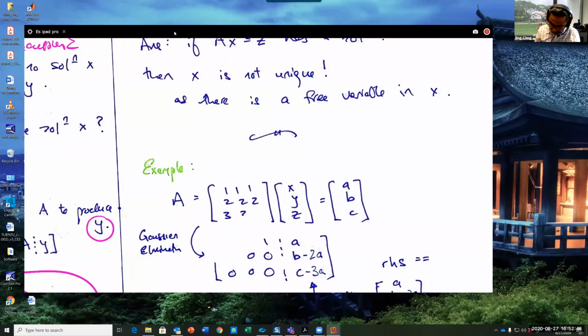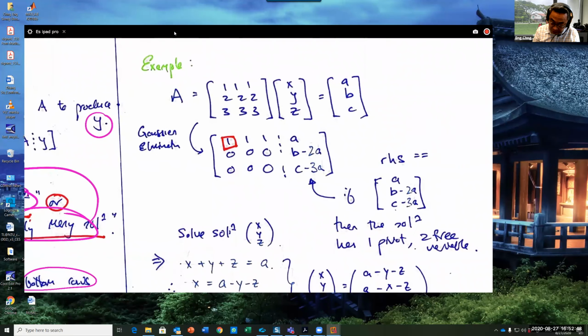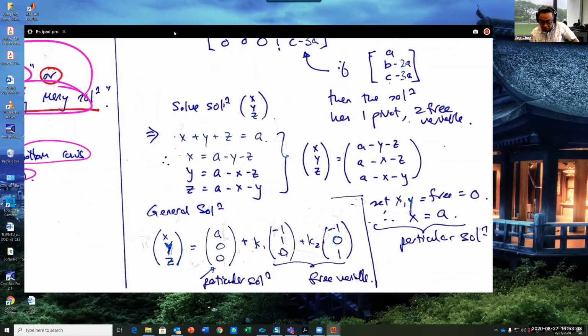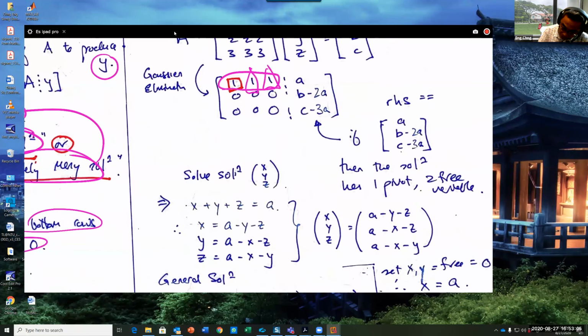Okay. So anyway, we are back to here, and we have one pivot and two free variables. So how do you write the solution? So we start from this equation. This guy is multiplying by x, y, z is equal to a.